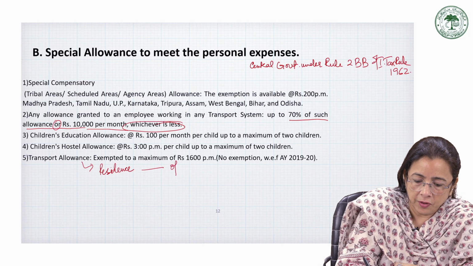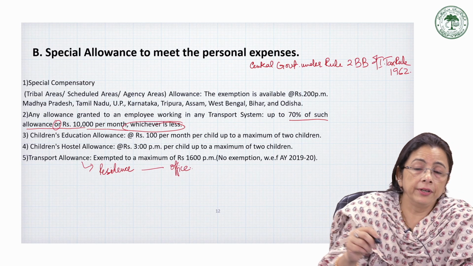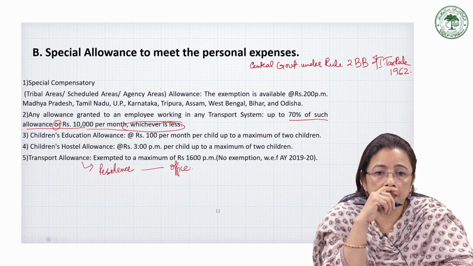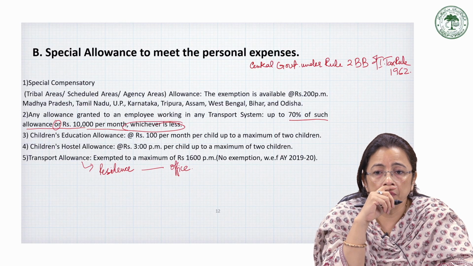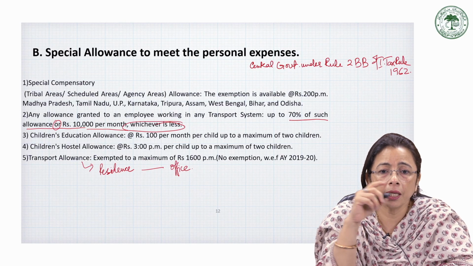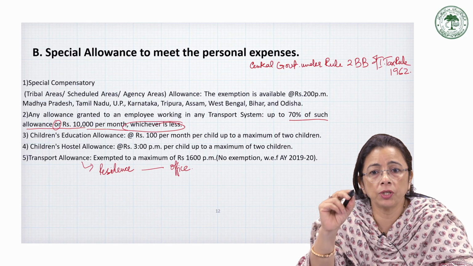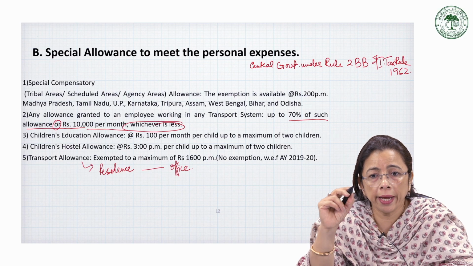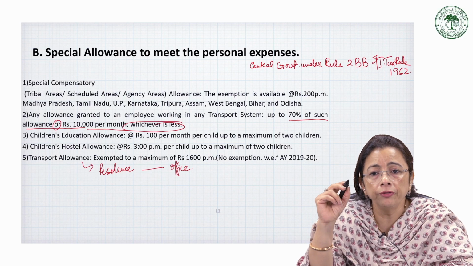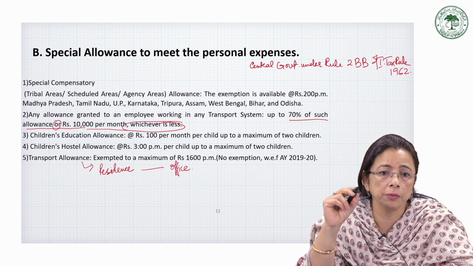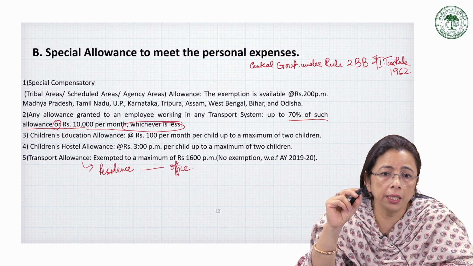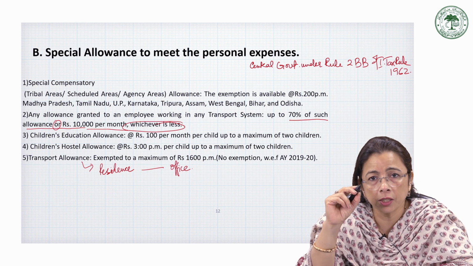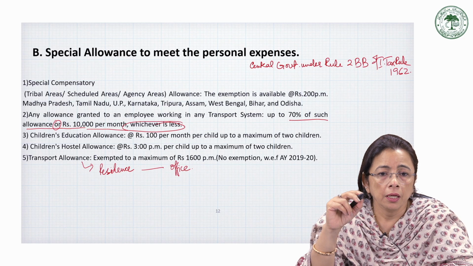Every day commuting from residence to office is supported by the employer. This allowance recognizes that traveling to and fro from work often involves a significant cost burden, particularly in urban areas with high transportation expenses.